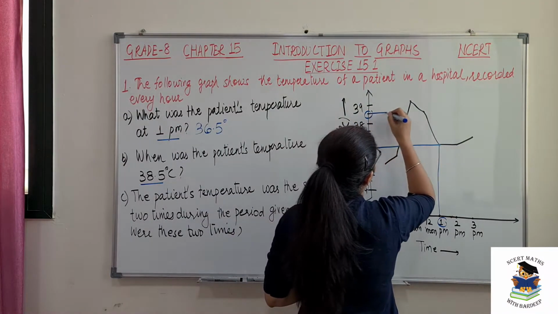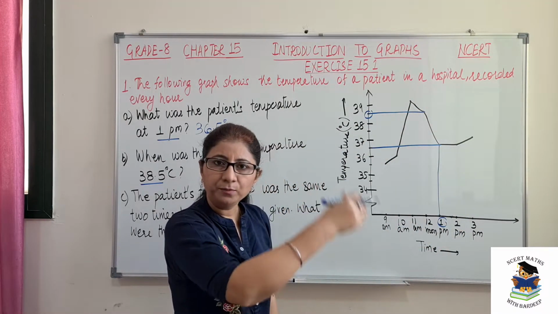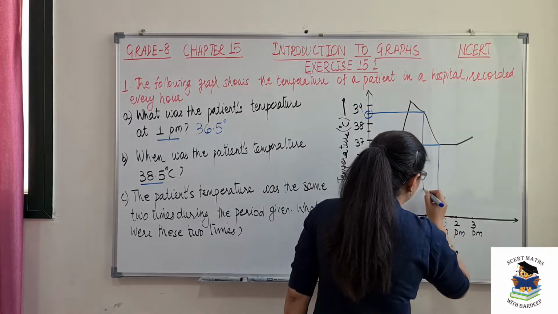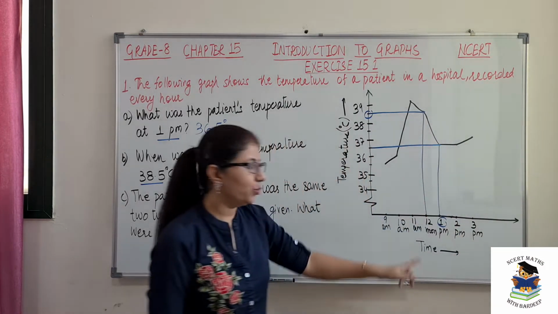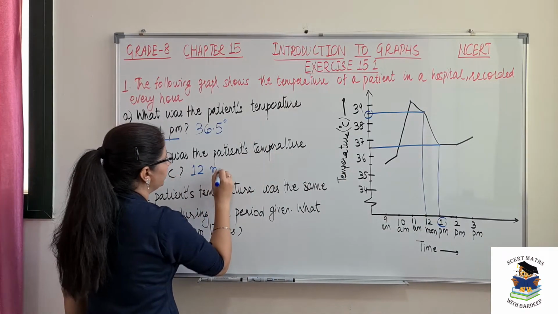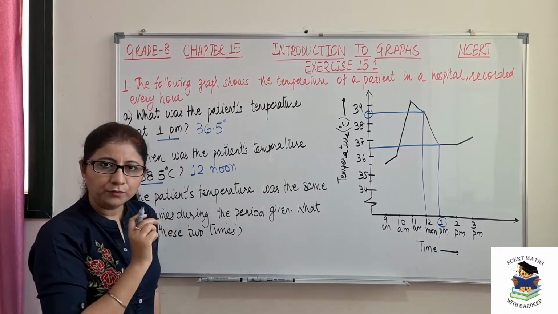So we will go from this side and then we will see where this point meets on the x-axis. Okay. So this is at 12 noon. So this is our B part answer, that is at 12 noon the temperature of the patient is 38.5 degrees Celsius.